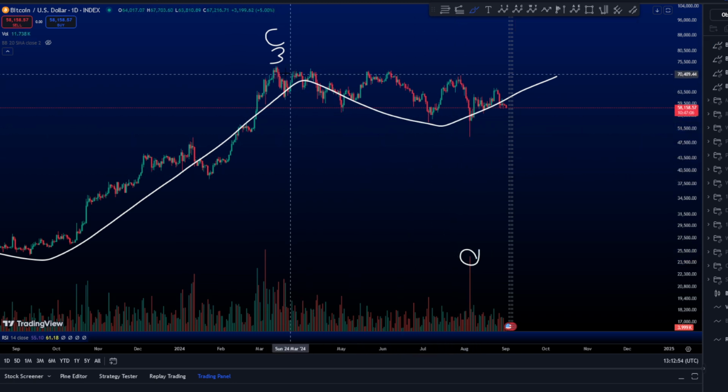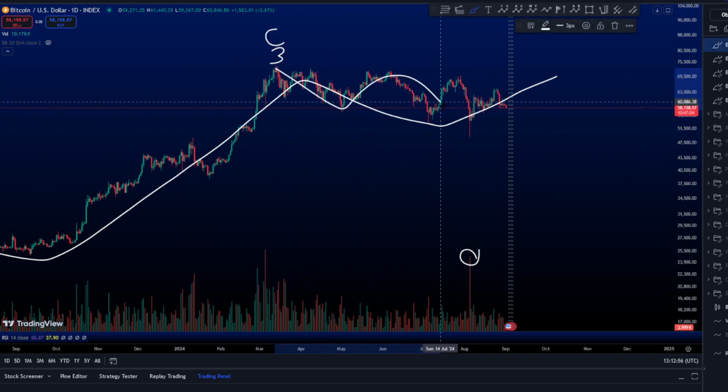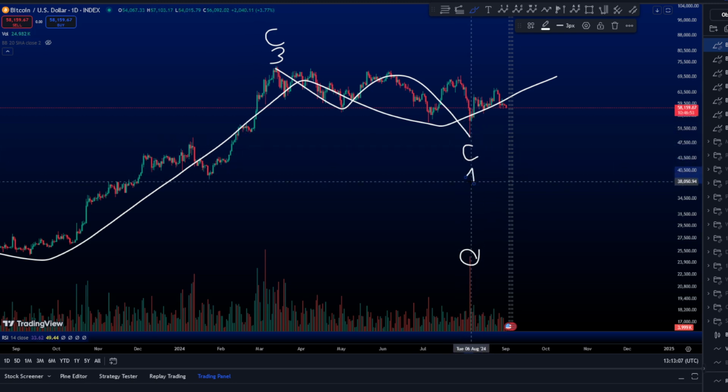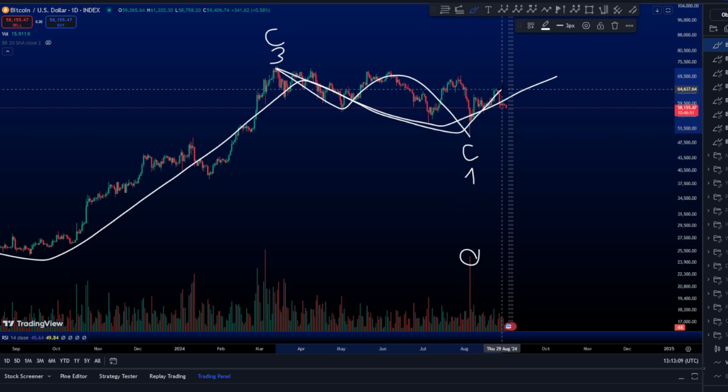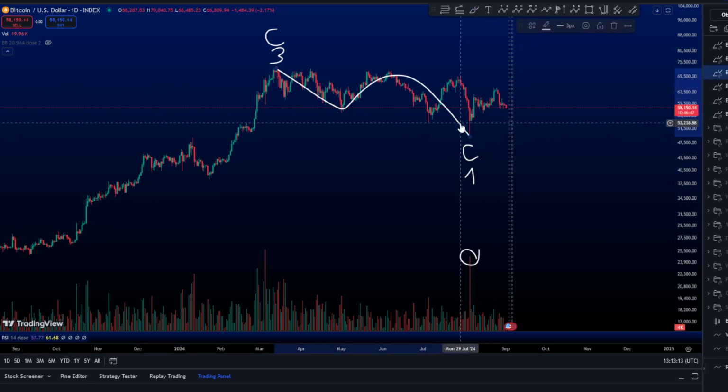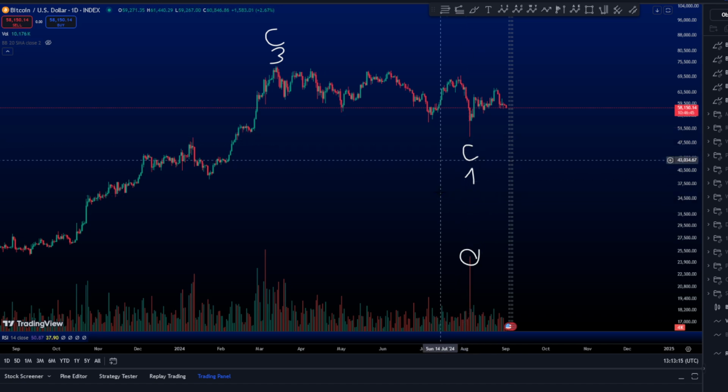And yeah, an indication of a wave C that might have finished. If that is not a wave 3, definitely then it could be a wave C, or basically a wave 1 of an impulse, right? 1, 2. So this could be taken, of course, in both bearish and bullish scenarios.